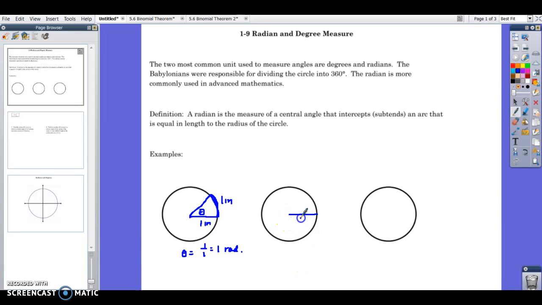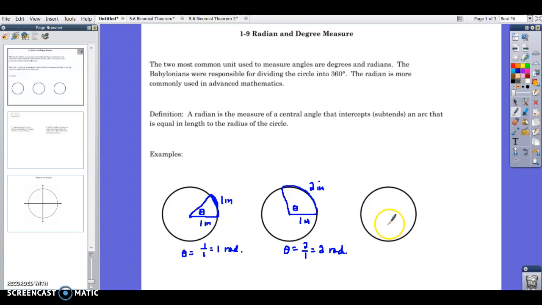Similarly, if this is 1 inch and this is another inch, so that arc length is 2 inches, then we would say that this is our theta, and theta is 2 over 1, or 2 radians. I'm just abbreviating radians with RAD here.